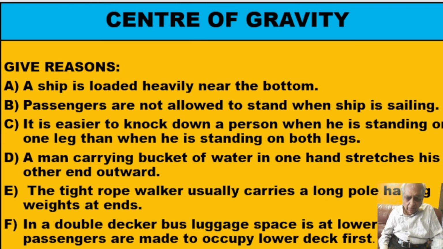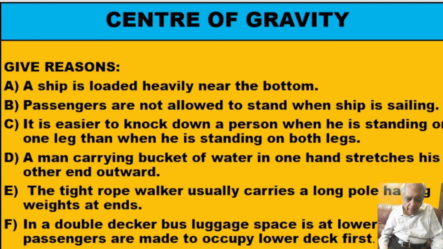So that the center of gravity comes back to the middle, he stretches the other hand, and with this the center of gravity is somewhere in the middle of the base. So he is more stable, more comfortable. For him to topple down would be less.